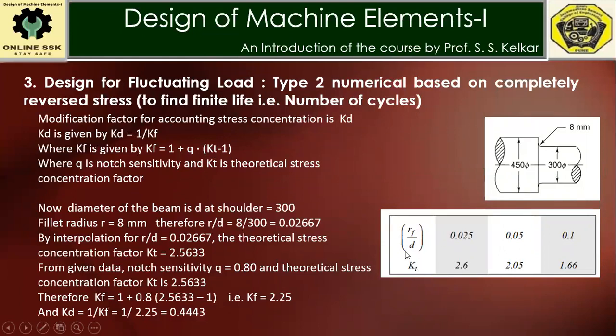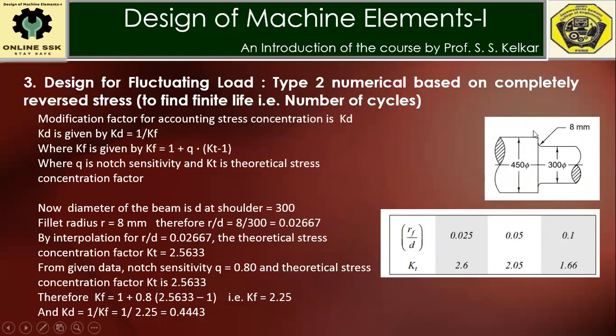In this case, they specified an abstract of a standard table wherein the value of Kt, the theoretical stress concentration factor, for different values of the ratio r to d has been specified. r is the fillet radius and d is the diameter of the shaft or beam at the shoulder. Now here you can note d is equal to 300 in this case.